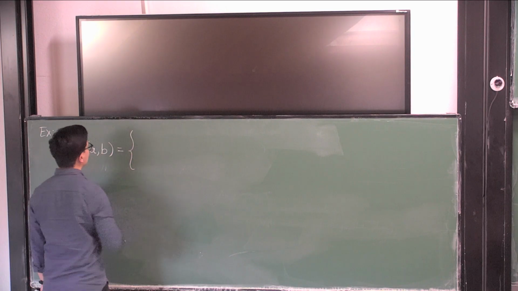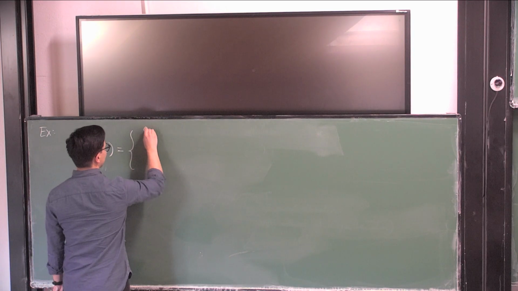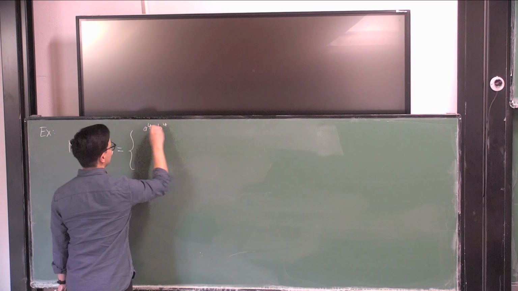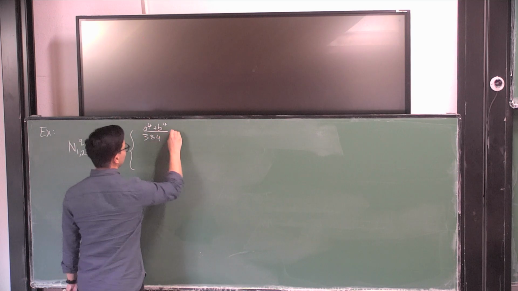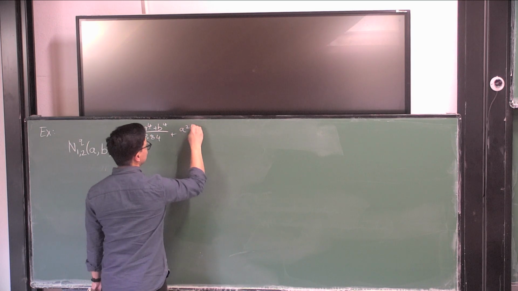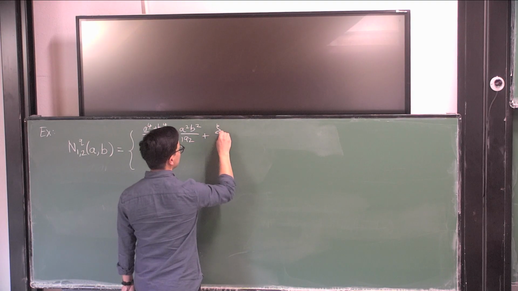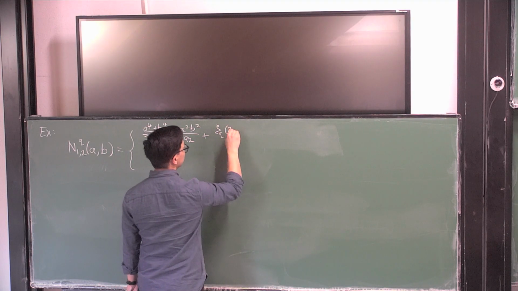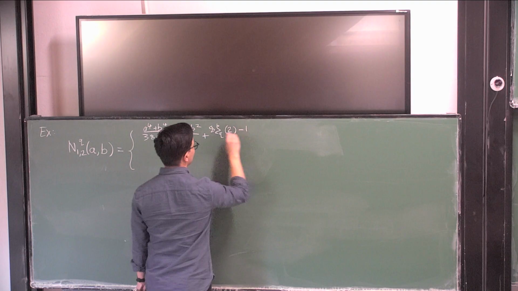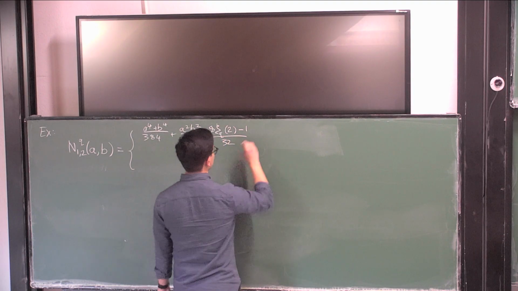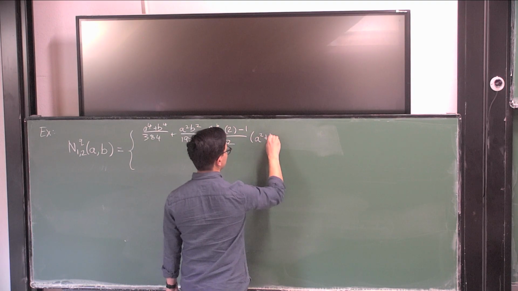It's going to split into cases. In the first case, I get a to the 4 plus b to the 4 over 384, plus a squared b squared over 192, plus this thing which I'm going to call z_q of 2. I get 8 of those minus 1 over 132 times a squared plus b squared.